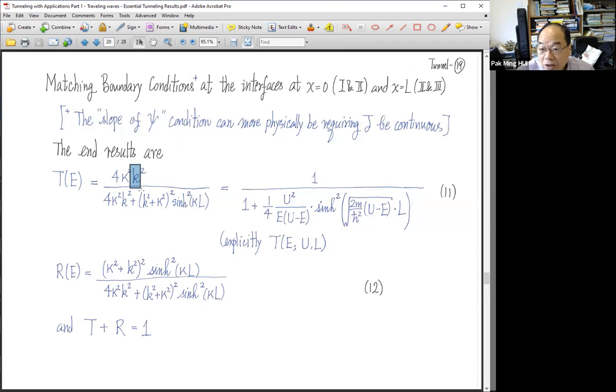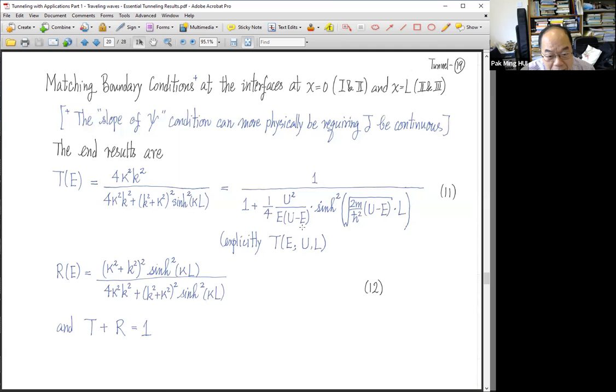So they are just the square root of 2mE divided by ħ squared, okay? And then kappa is the propagation constant inside the barrier. So it is given by something like that, okay?